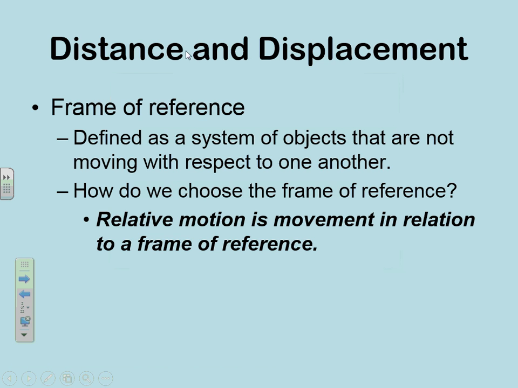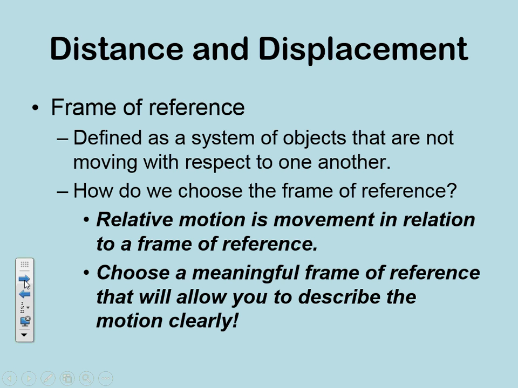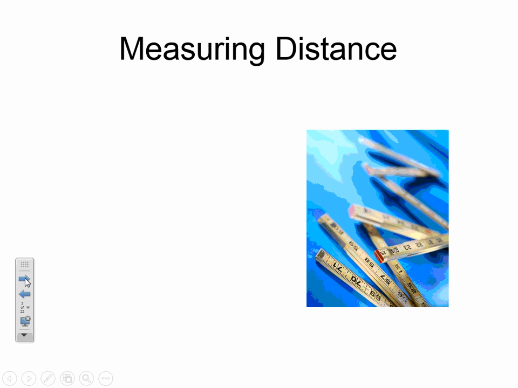That's the same thing for distance and displacement. Everything's going to look slightly different from the angle you're viewing it and how far away you are. So we need a good frame of reference which allows us to see the motion clearly.